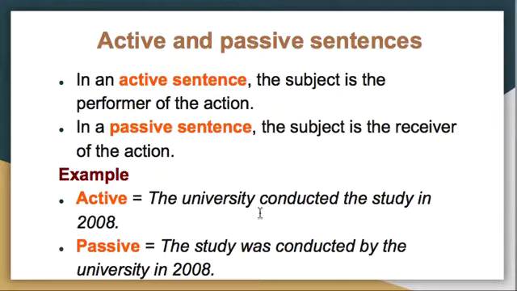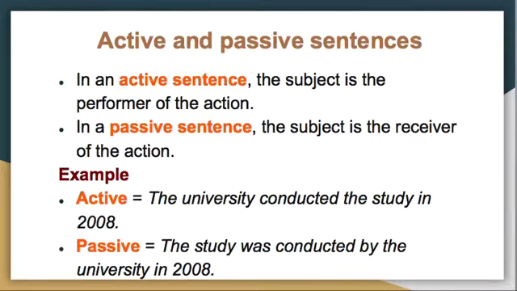On the other hand, in the passive one, "The study was conducted by the university in 2008," the focus is on the study, and the subject is the receiver of the action.